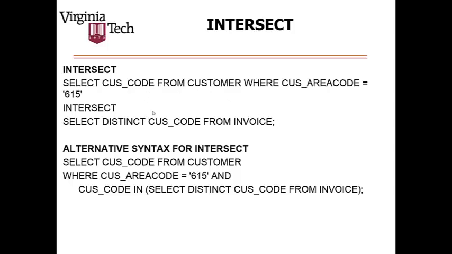And so the intersection is going to tell us these are the customer codes for the customers that have placed invoices and have the area code 615.